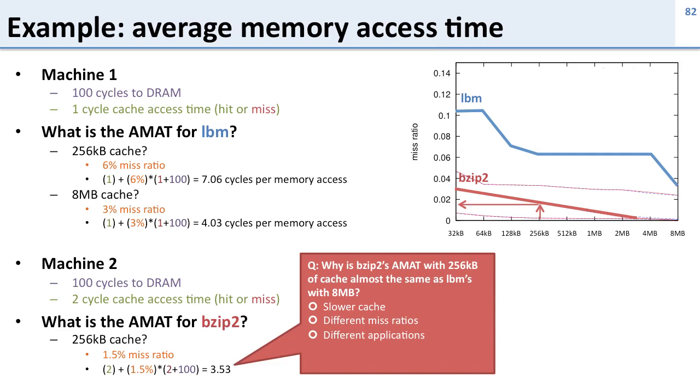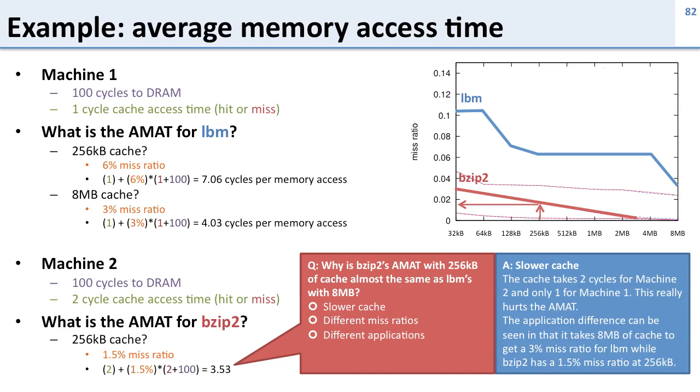So why is bzip's average memory access time with a much smaller cache almost the same as LBM's with a much larger cache? Well, the answer here is that the cache is much slower. The cache on machine 2 takes 2 cycles and only 1 on machine 1, and this really hurts our AMT.